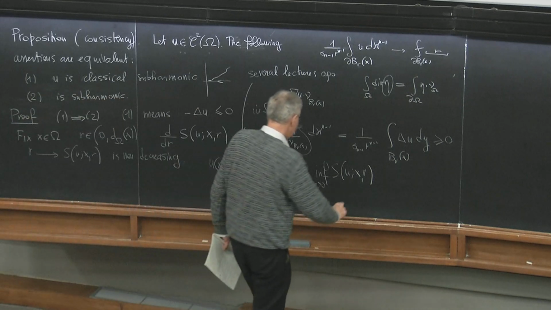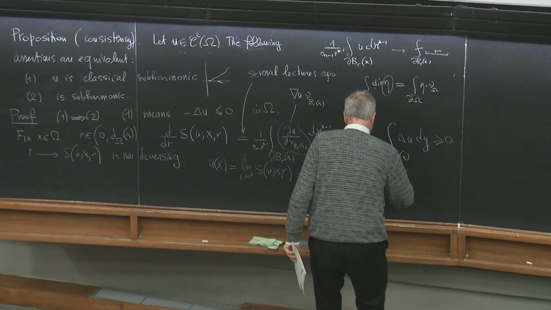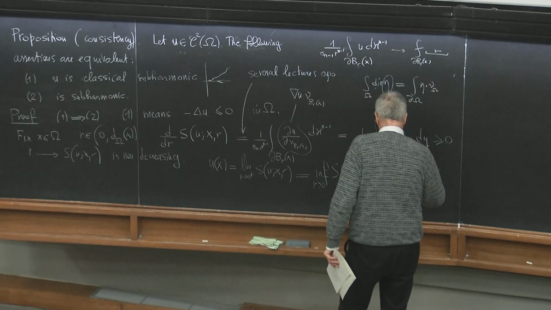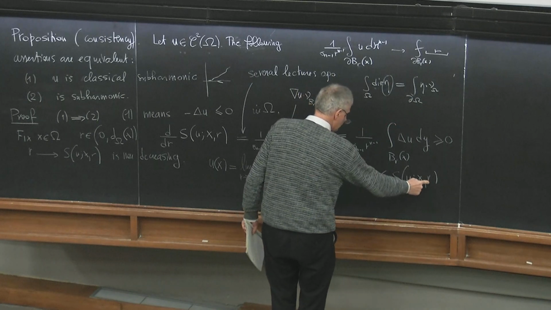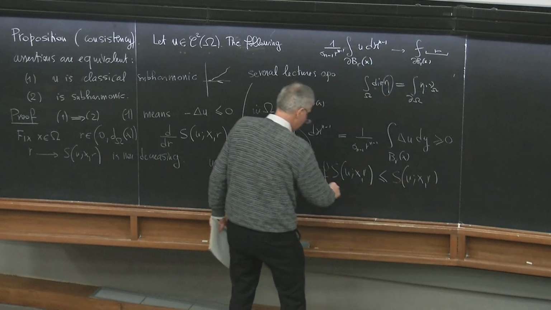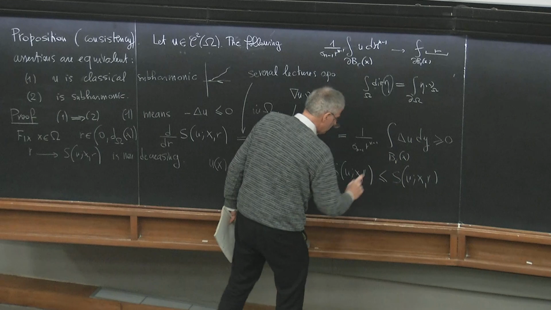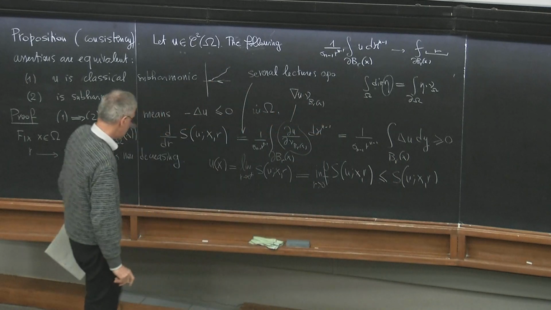And therefore, this is less than or equal to S u x r, because it is the infimum. So as soon as r is positive, this infimum is surely less than or equal to S.